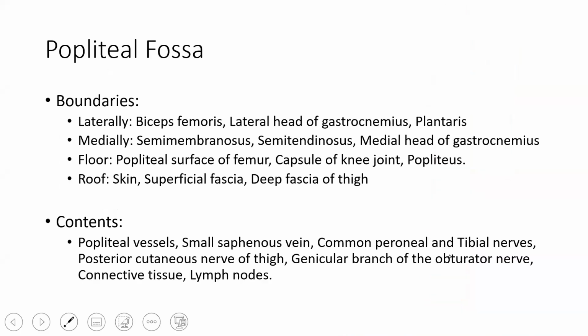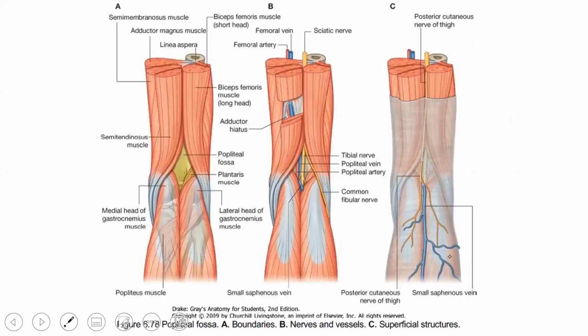Then you have a special region in this area behind the knee called the popliteal fossa. So this is the popliteal fossa. When you look from the posterior aspect, you can see it is diamond shaped, and the boundaries are formed by the semitendinosus and the semimembranosus muscles in the upper medial aspect.